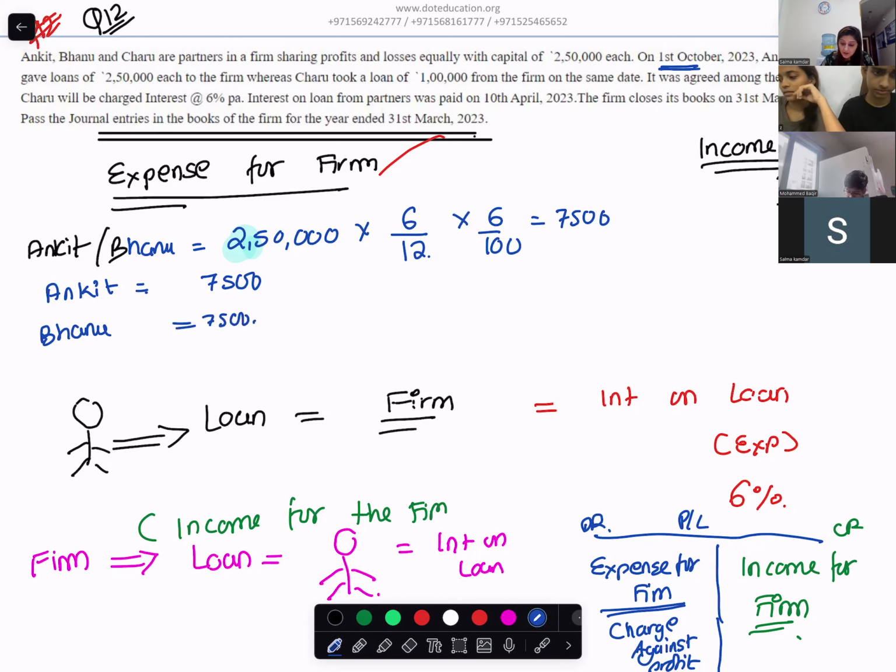So this is charged by the partner to the firm and will be given to the partners. Are you with me? Now, tell me what is the difference between charge and paid?